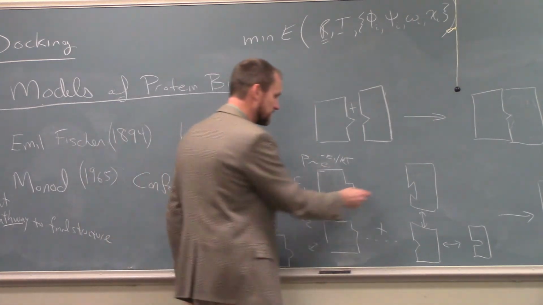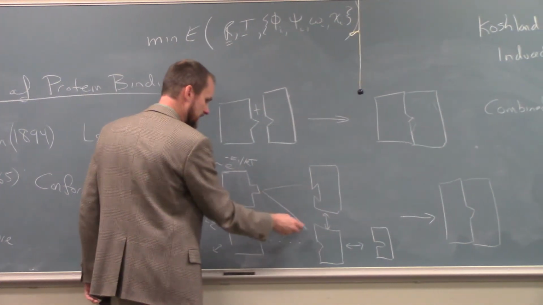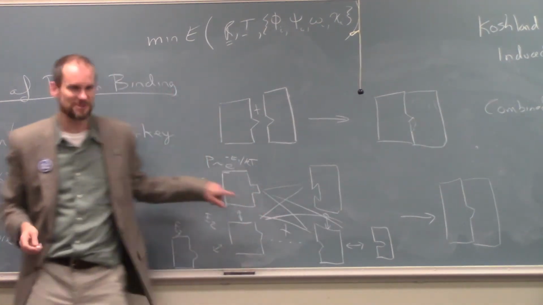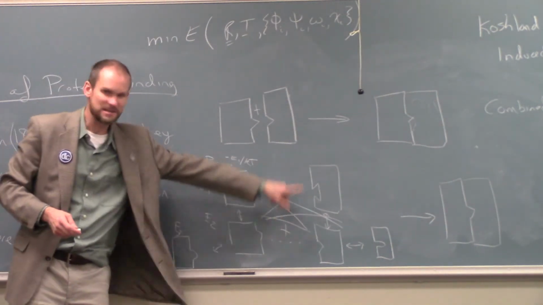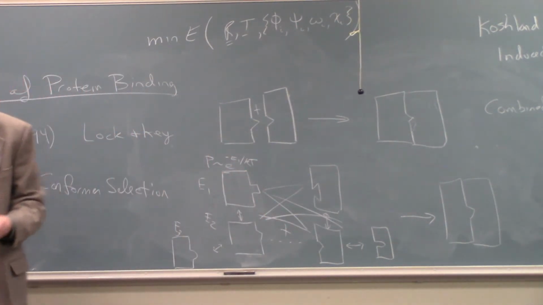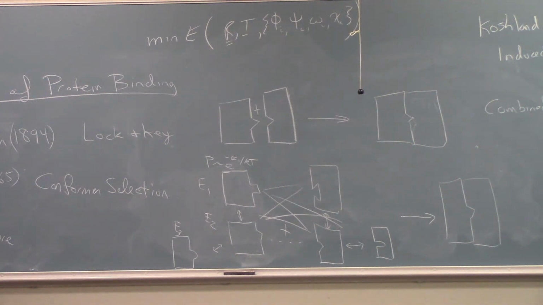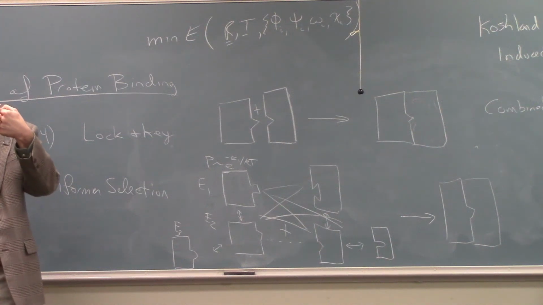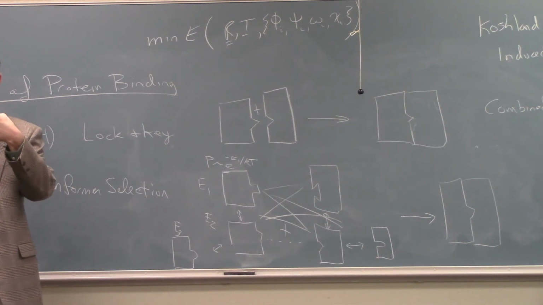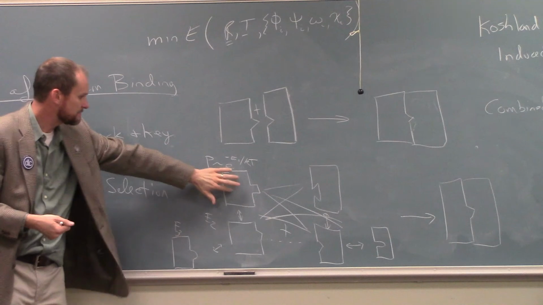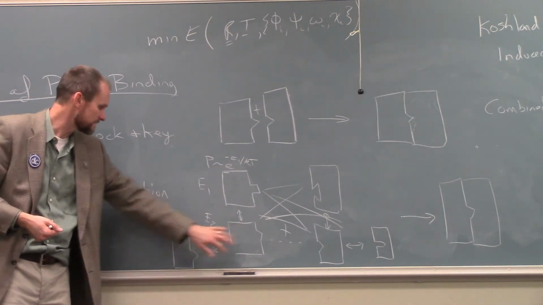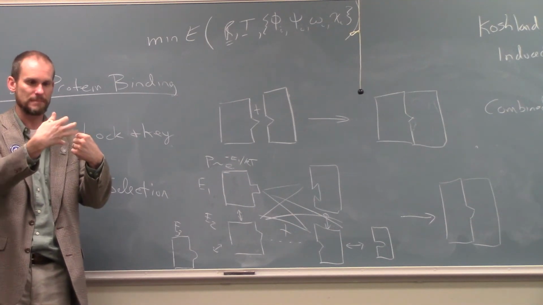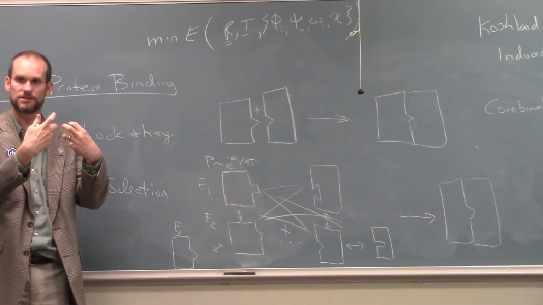One way to do it would be simply dock all of the combinations, which could get expensive because then you could have n models here times n models there. You have n squared docking calculations. That's one way to do it. What we actually do is while we're docking, we're doing rigid body translation rotation moves. Then we also do backbone swap moves where we take out backbone 1, we put in backbone 2. We take out backbone 2, put in backbone 3. So we're doing rigid body moves, and then we're also swapping out from pre-configured backbone configurations on both sides.